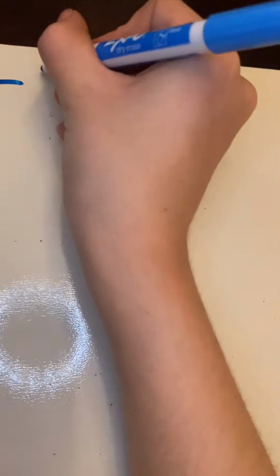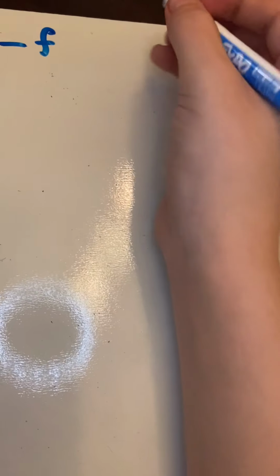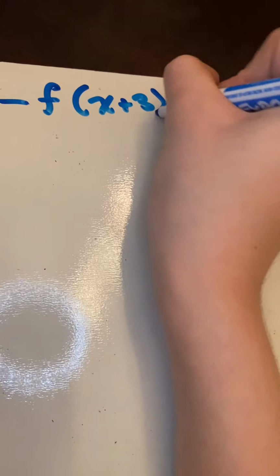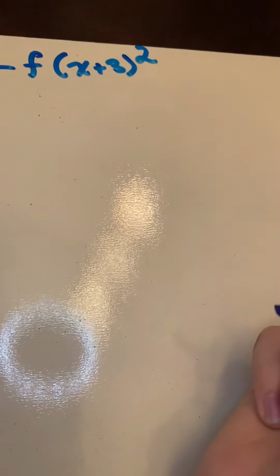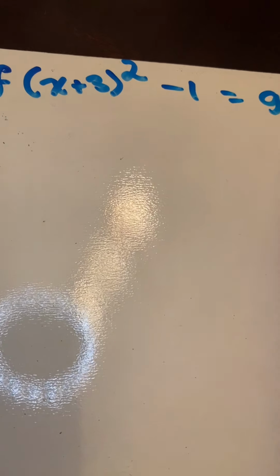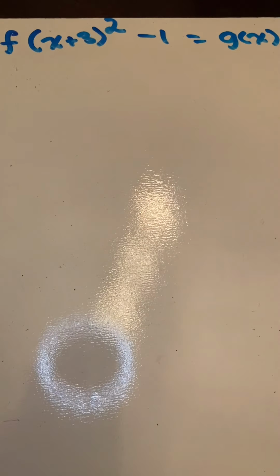So let's continue with the third question. We ended up with the function of negative f(x + 3) squared minus 1, which equals your g of x. This is your new function right here, right?